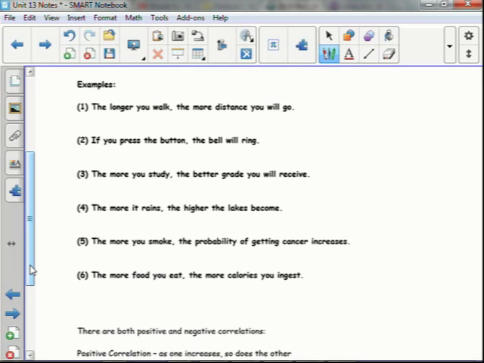The longer you walk, the more distance you go. Okay, well, that's a cause. Walking causes you to go a further distance. If you press the button, the bell will ring. Well, that's a cause relationship. Push the button, it causes the bell to ring. The more you study, the better grade you will receive.